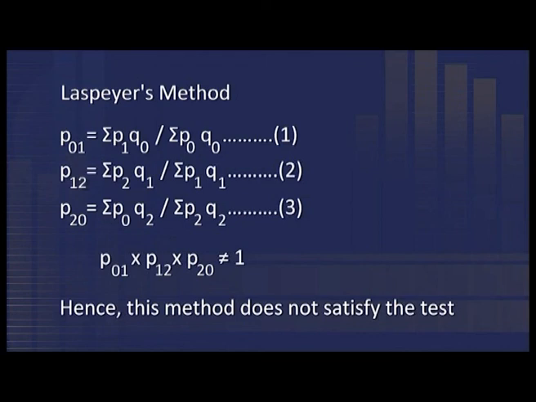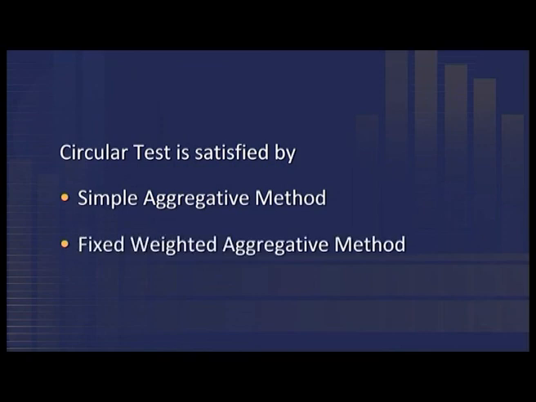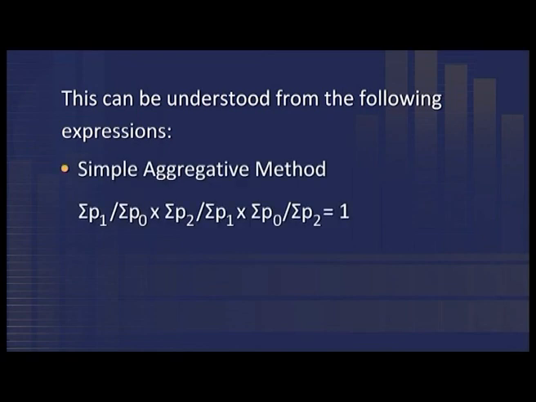Similarly, it can be shown that Paasche's index and Fisher's index do not satisfy the test as the product is not equal to 1. However, the simple aggregative method and the fixed weighted aggregative method satisfy the test, as can be seen from the following. When the test is applied to the simple aggregative method, we will get summation P1 by summation P0 into summation P2 by summation P1 into summation P0 by summation P2 is equal to 1.